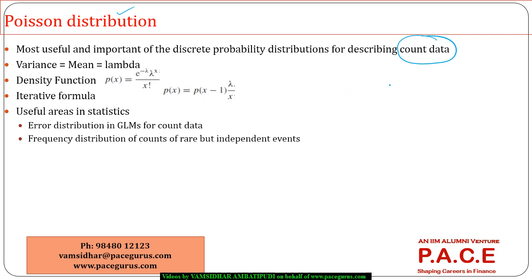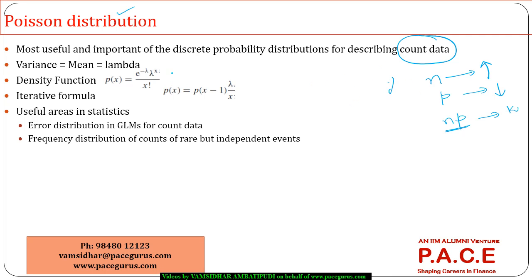Generally, we find the Poisson distribution to be a limiting distribution of the binomial distribution. In the binomial distribution, if n is very large, the probability of success is very small, and the product of these two is more or less constant, then I will use a Poisson distribution as a limiting case of the binomial distribution.